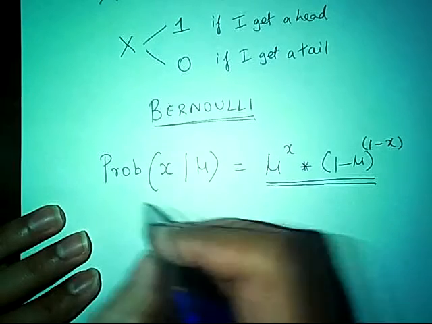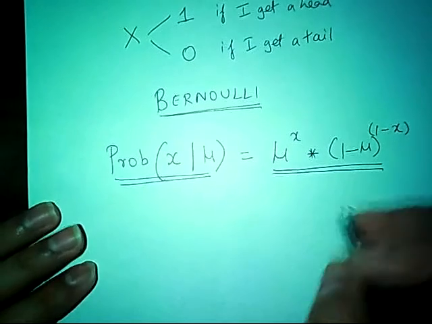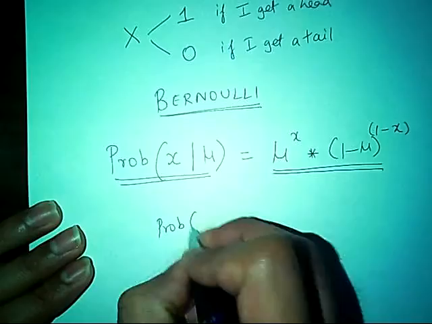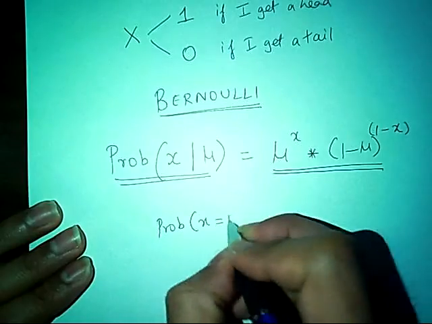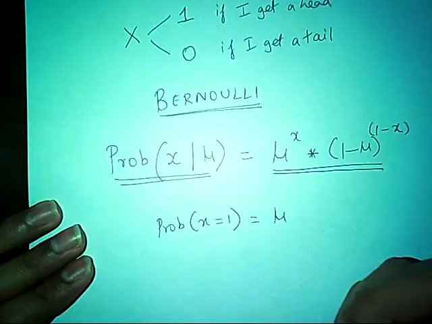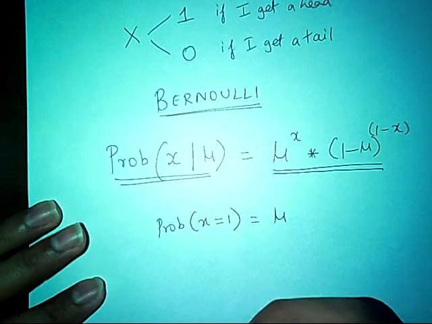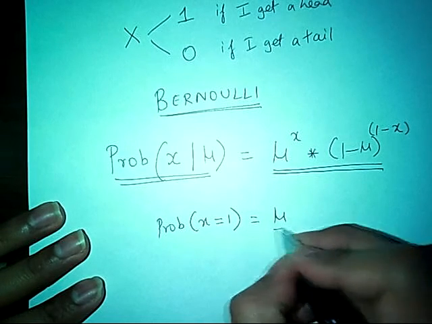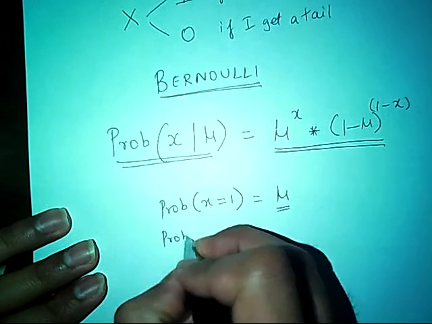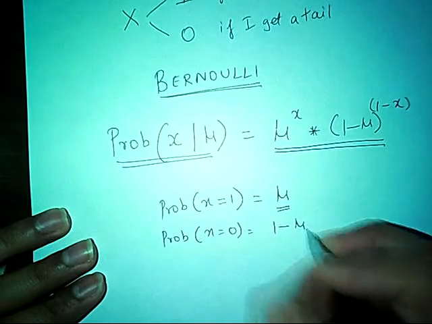What I've actually done here is make an assumption: that the probability with which x would be 1 is mu. So I've assumed that the probability with which a coin toss would result in a head is a number mu, and this would automatically mean that probability of x being 0 is 1 minus mu.